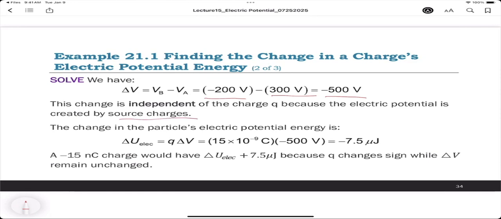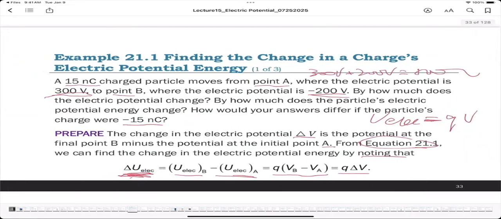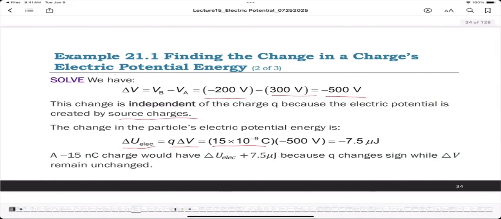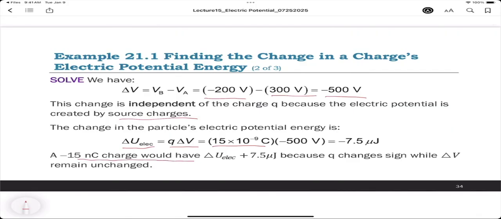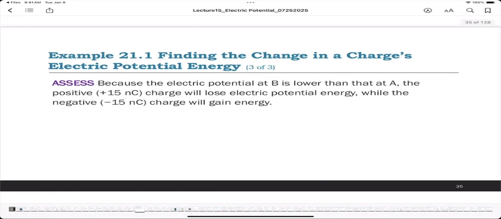The change in the particle's electric potential energy, using this equation, is 15 nC multiplied by negative 500 volts, and it is negative 7.5 microjoules. For a negative nC charge, you just change it to negative, so it is positive, equal to 7.5 microjoules, because the q charge changes while delta V remains unchanged. Let's assess this problem.